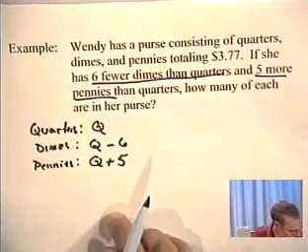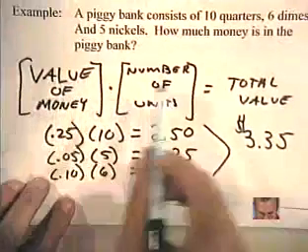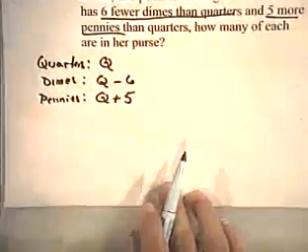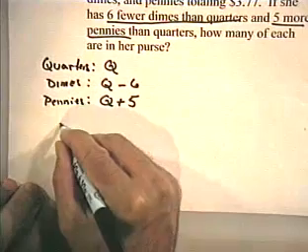Now, let's go back. Well, we've got Q quarters. The value of a quarter is 0.25.